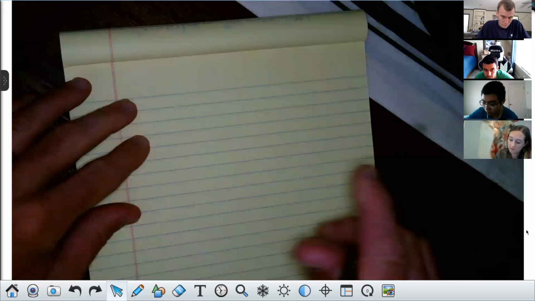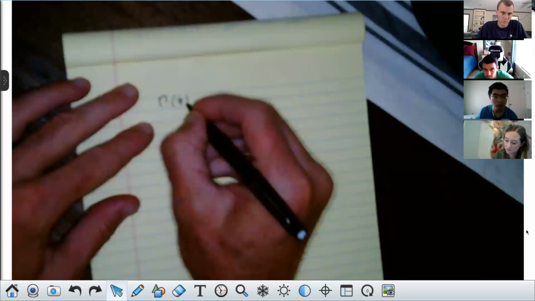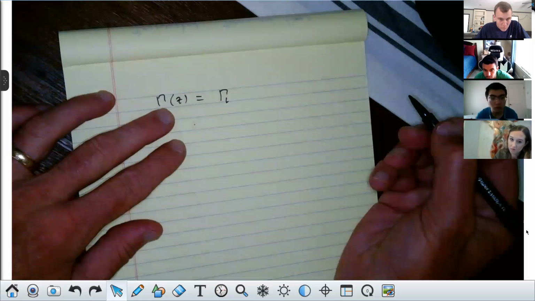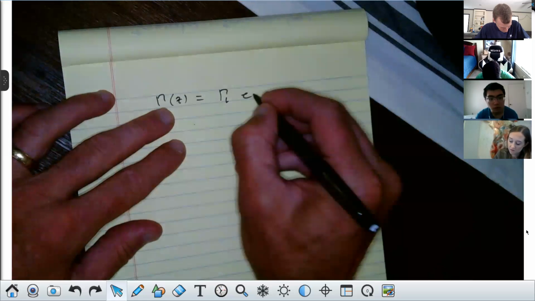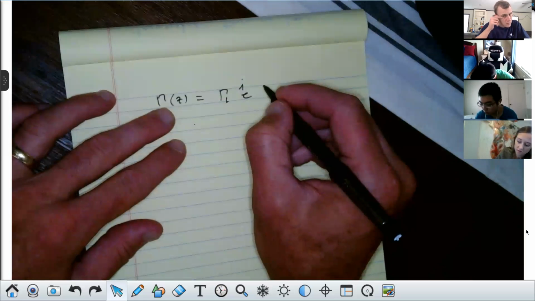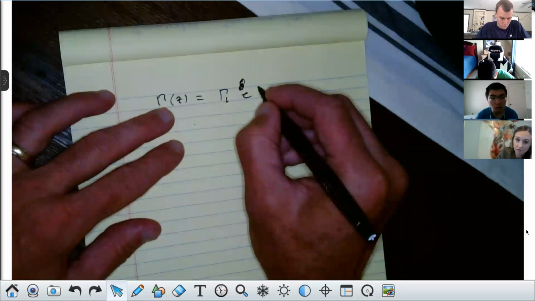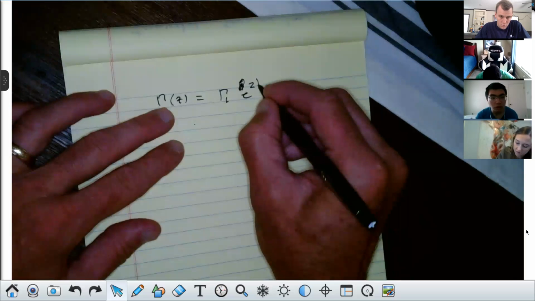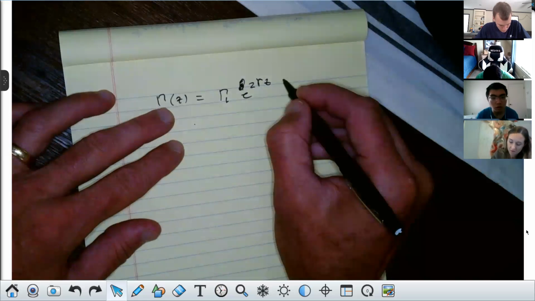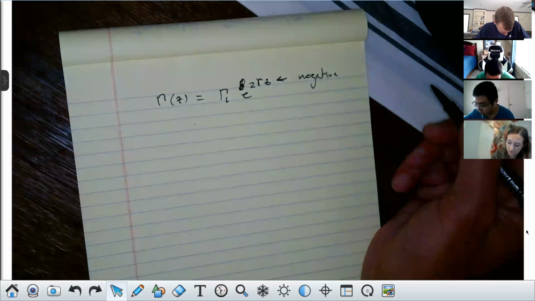Here, we could say that the reflection coefficient at any point z would be equal to the reflection coefficient at the load times e to the j, well, he doesn't use j, he has the complex one, so I'll do it his way. It's really e to the 2 gamma z. And I want you to take note that this z will be negative because the load is located at z equals 0.